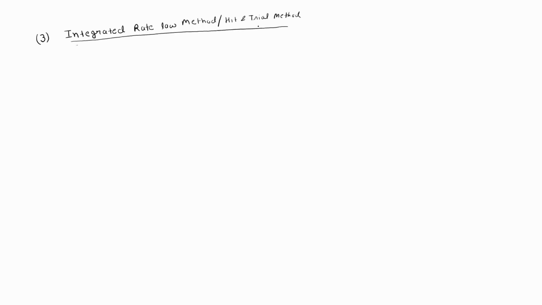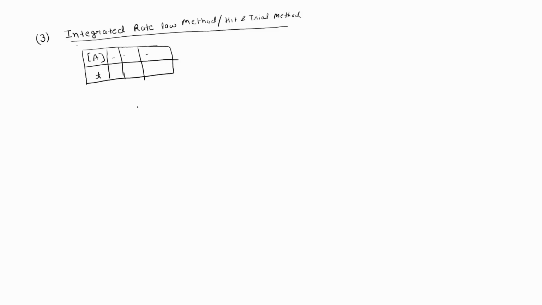For this type of question, we have data, at least 3 data points. You are given concentration and time, at least 3 data points, 1, 2, 3. It will be there in the question.